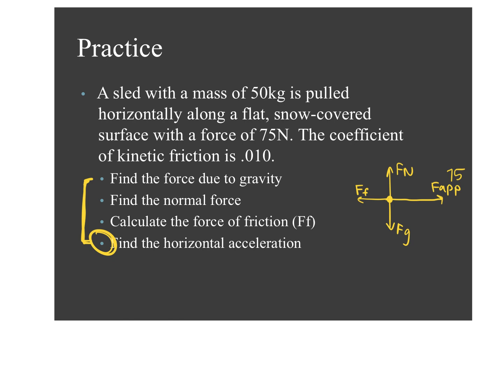I don't care what order you go in here, but why is it going to be important for me to find the force due to gravity? Why do I need that? Because I have to have the normal force. Because in order to solve for a coefficient of friction and to use my coefficient of friction, I have to have the normal force. So I'm going to go ahead and start with that, okay? Are my normal force and my gravitational force congruent here? They are, okay?